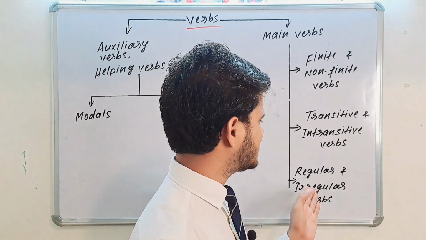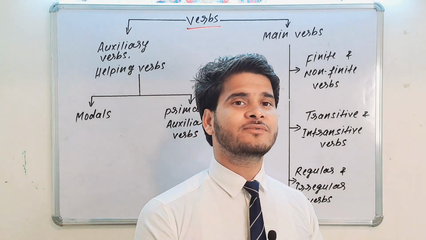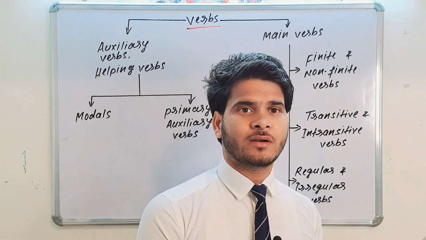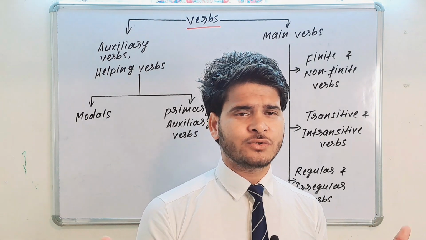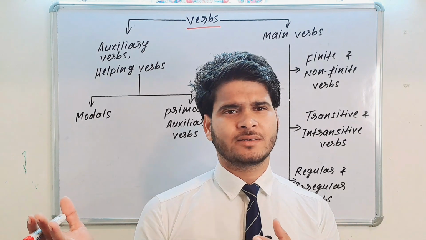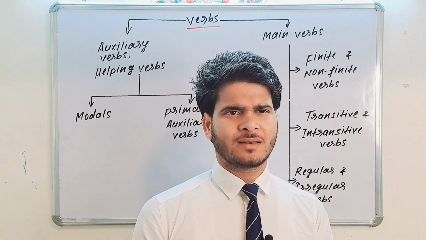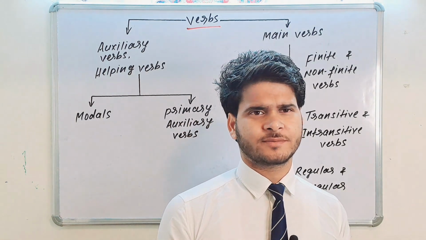And the last one is regular and irregular verbs, which is divided on the basis of the forms of verbs. Regular verbs follow a fixed pattern, like played, and these types of things. So what are regular verbs?